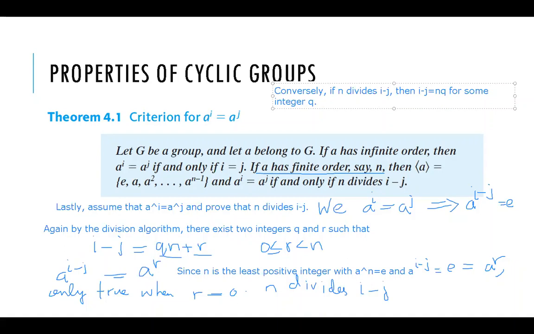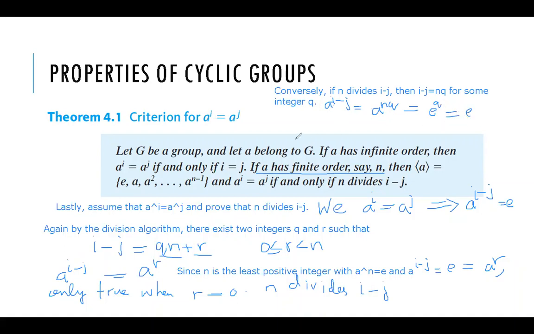All right. And in this case, a^(i-j) equals a^(nq). Since we can write it as (a^n)^q, and this is equal to e^q, and this is equal to e.